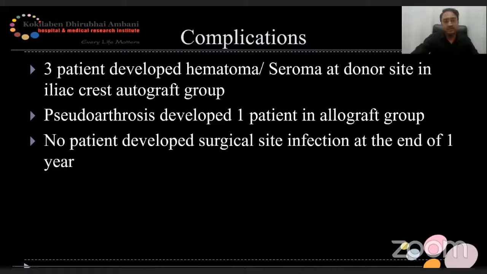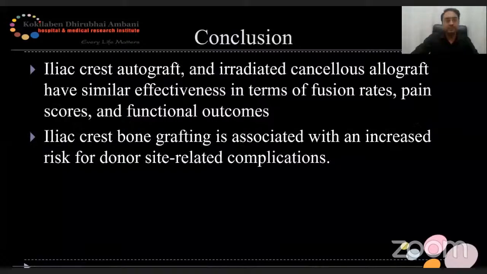No patients developed surgical site infection at the end of 1 year. In conclusion, iliac crest autograft and irradiated cancellous allograft have similar effectiveness in terms of fusion rates, pain scores, and functional outcomes. However, iliac crest bone graft is associated with an increased risk of donor site related complications. Thank you.